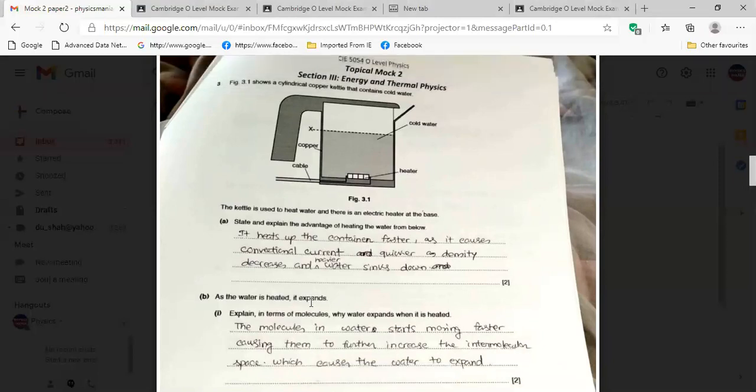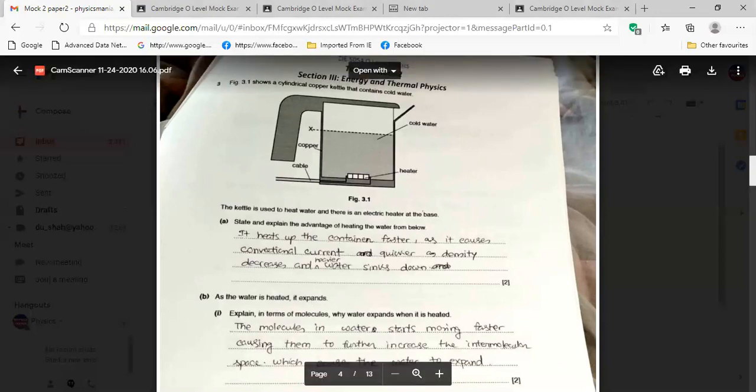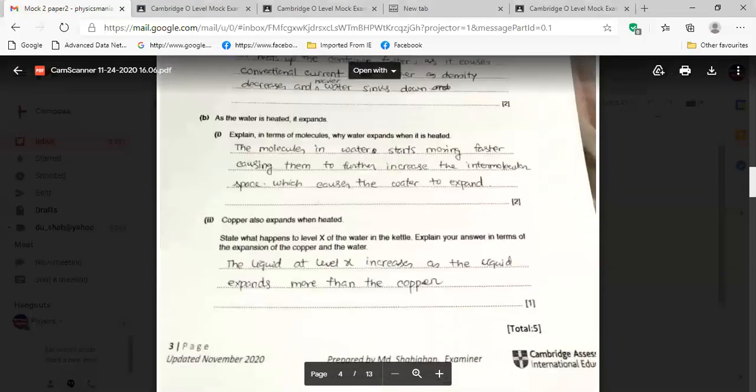Yes, sir. They told in the mark scheme, they highlighted everywhere, that the water is heated uniformly. That is because of convection. As you wrote convection, we can accept it.